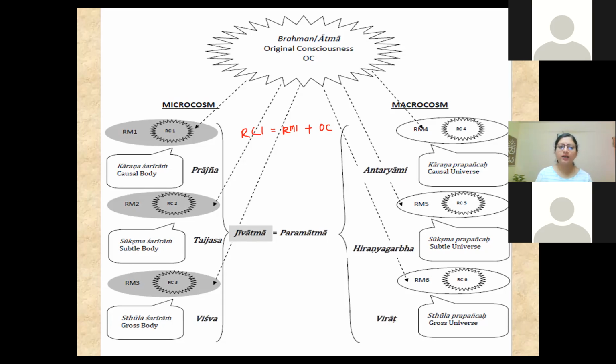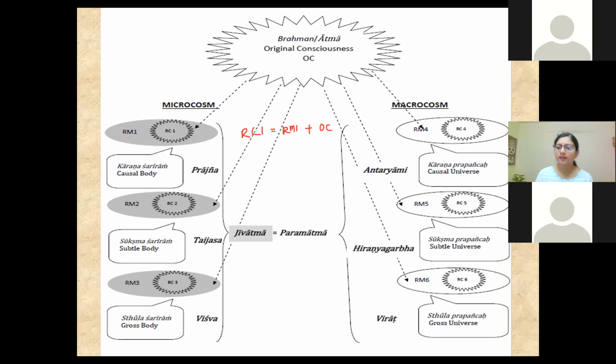Because let us take RM3 and RM6. Okay, that is easy to understand. So you have a body, right? You have some height, some weight, some dimensions, right? And what is RM? So that is your RM3, your sthula shariram, your physical body. Okay, so that is on one side.